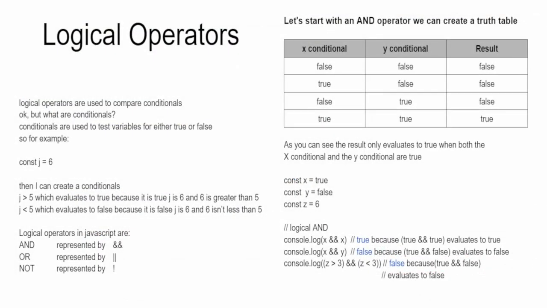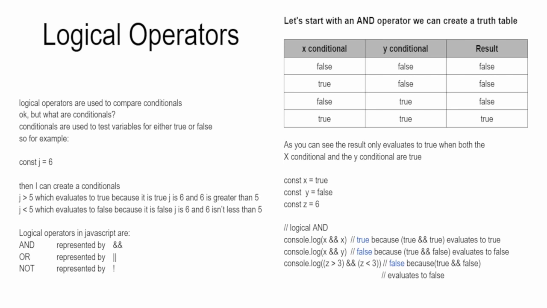Logical operators are used to compare conditionals. Okay, but what are conditionals? Conditionals are used to test variables for either true or false. So for example, if I set a constant j equal to 6, then I can create the following conditionals.